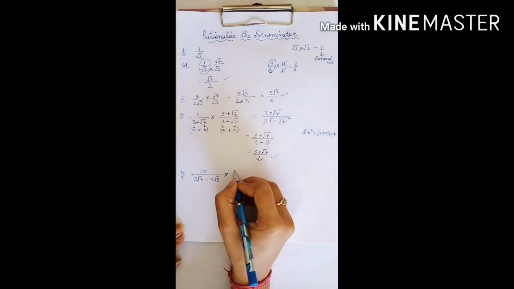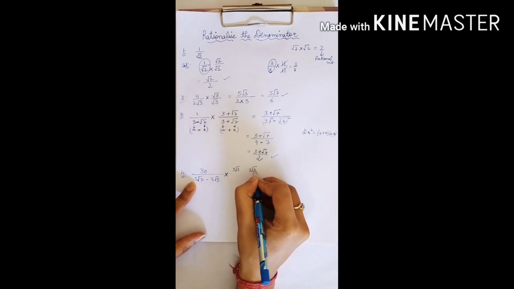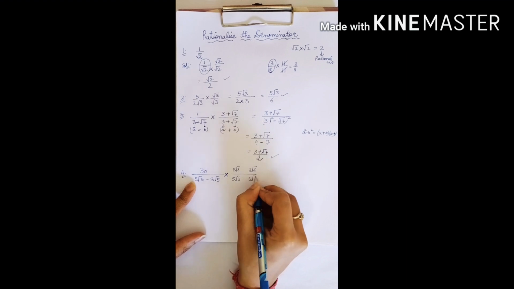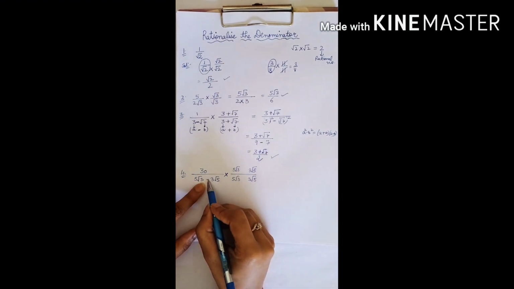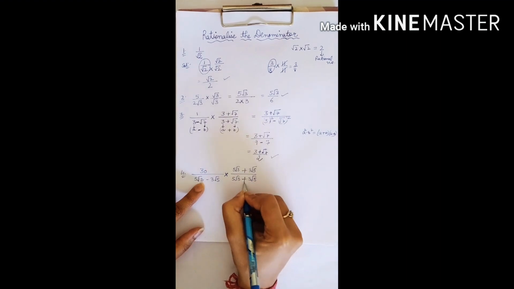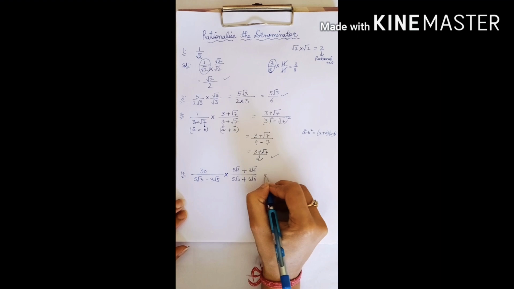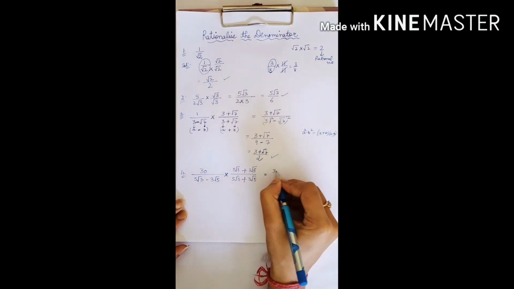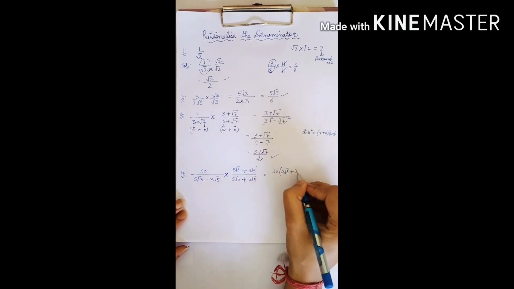We will copy the same numbers in the numerator as well as in the denominator like this. But we will change the sign. Here it is negative sign, so we will put positive here. Now we will multiply it. 30 will be multiplied with this. We will put a bracket as there are two numbers.